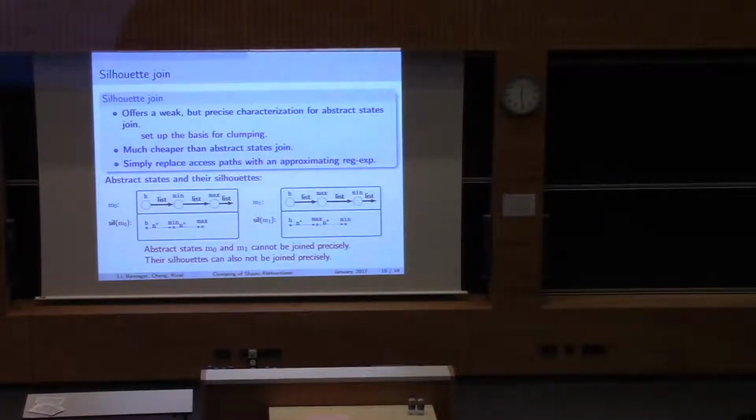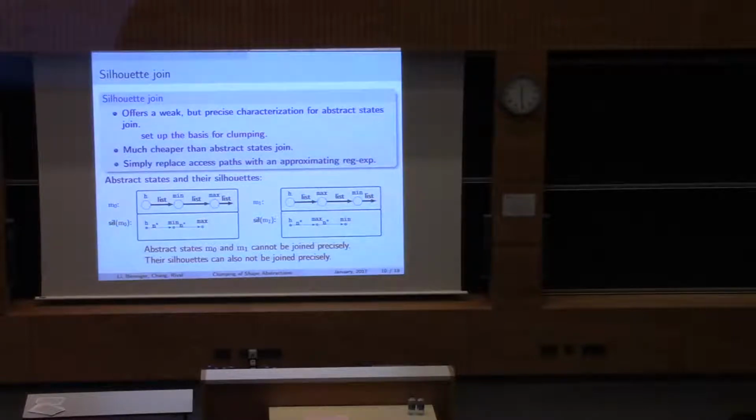As for silhouette join, it also offers a weak but precise characterization for abstract state join. And this sets up the basis for our clumping. And also silhouette join is much cheaper than abstract state join because we simply need to replace access paths with their over approximating regular expression.